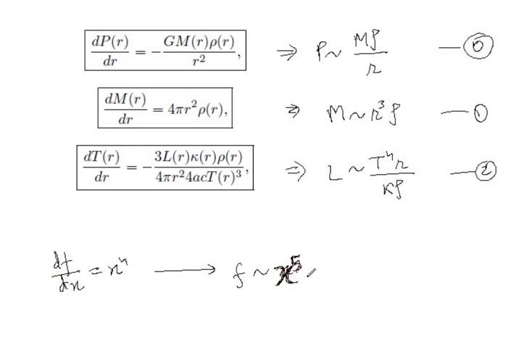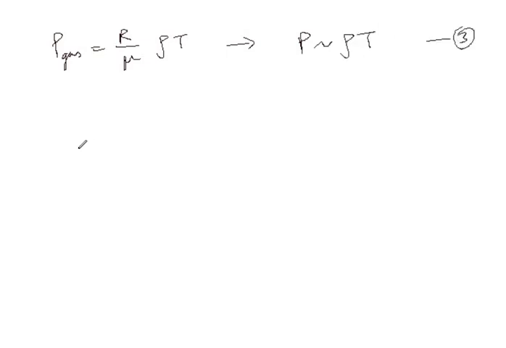Now for moderately massive stars, the pressure is defined by the kinetic gas pressure and the opacity by electron scattering. So we have P gas equal to R by mu rho into T. From this relation we will have P scales as rho into T, equation 3.